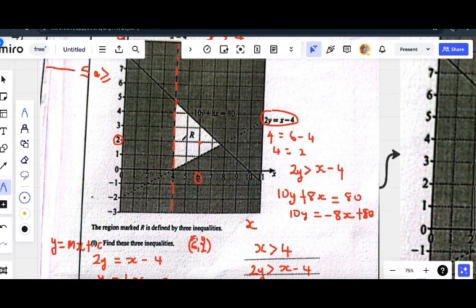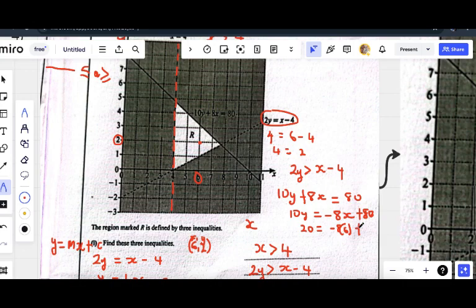Now let's say we use the same point. Y here is 2, so you say 10 times 2, you get 20 here. Equal to, now x is 6, so you say minus 8 multiplied by 6 plus 80.